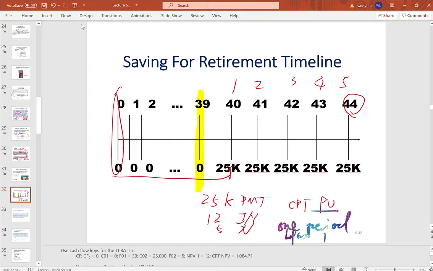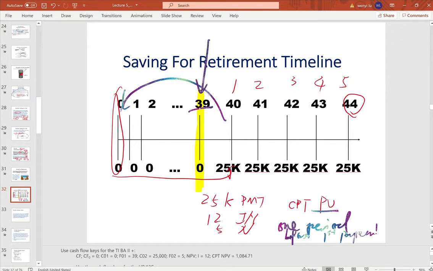You can say your hand is not long enough to touch 0. You can only stretch to 39, not long enough to reach 0. Keep this in mind. So the PV you solve here is on 39.